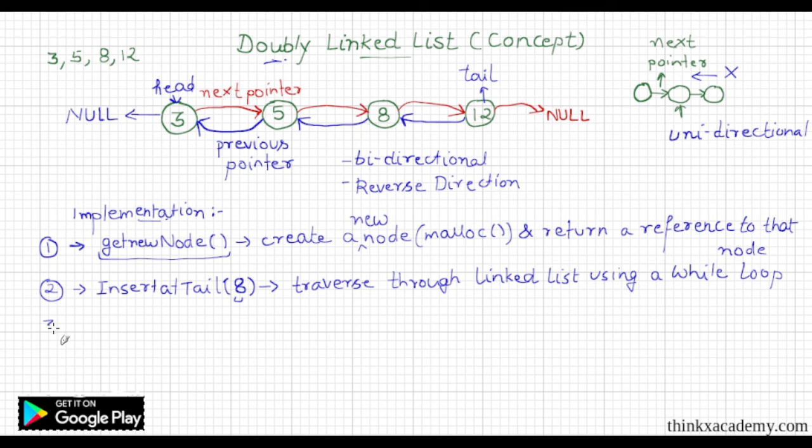The next function that we are going to implement is insert at head, and it is a simple function. Let's suppose we want to add 13 at the head. That means we want to add 13 here. So to add 13 at this position, we will have to remove this null pointer.